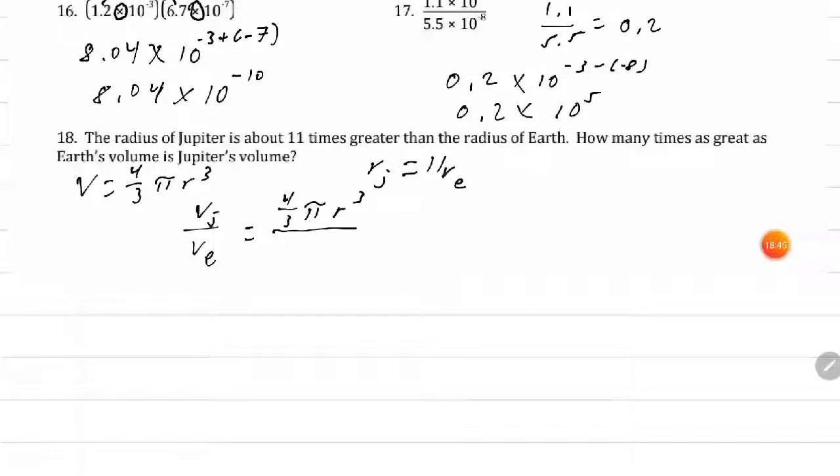So for Jupiter, here comes 4/3 pi r cubed again. Remember that the radius of Jupiter is actually 11 times bigger. So I'm going to put 11 in here, and that represents my radius there. And then there is our Earth.